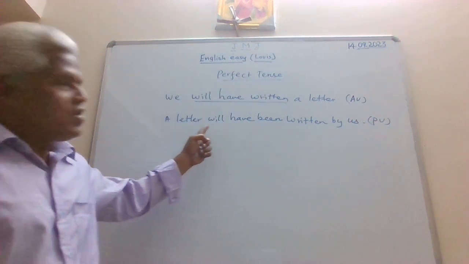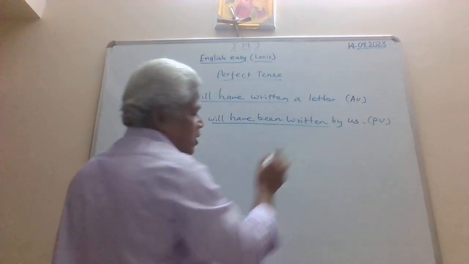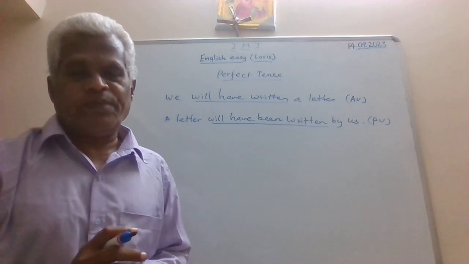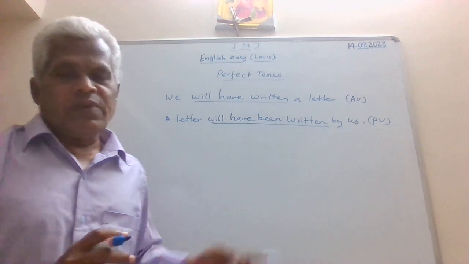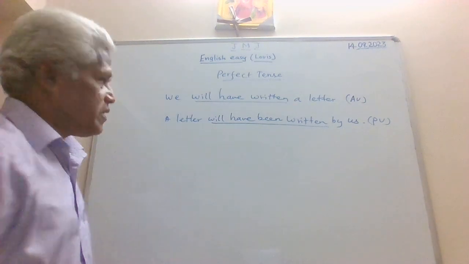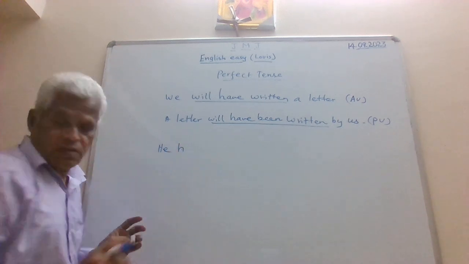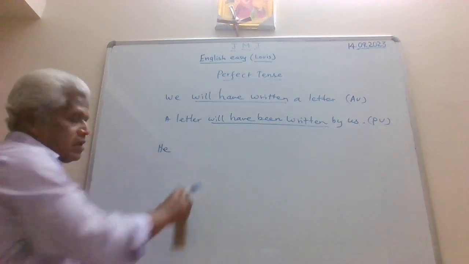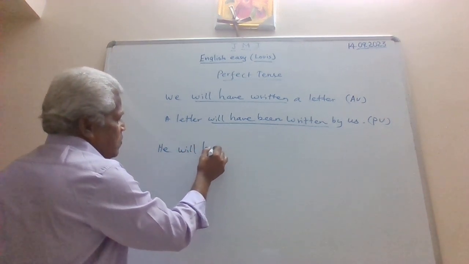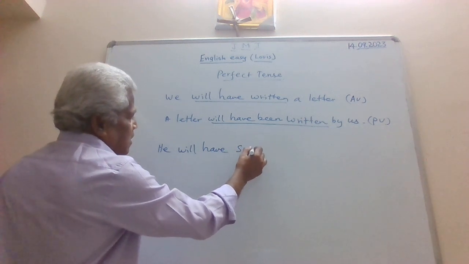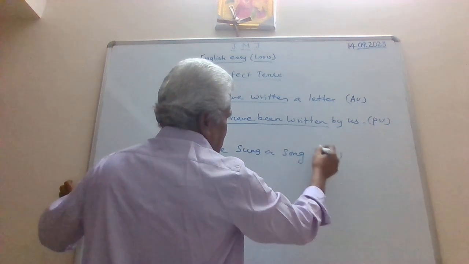See, a letter will have been written. See how long the verb is in passivation. Now let me use third person singular as a subject and write a sentence here. Maybe he will have sung a song. So this is your active voice.